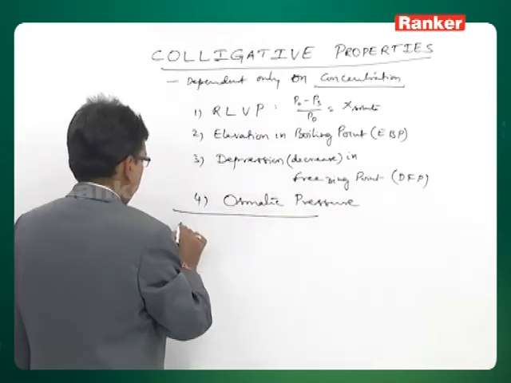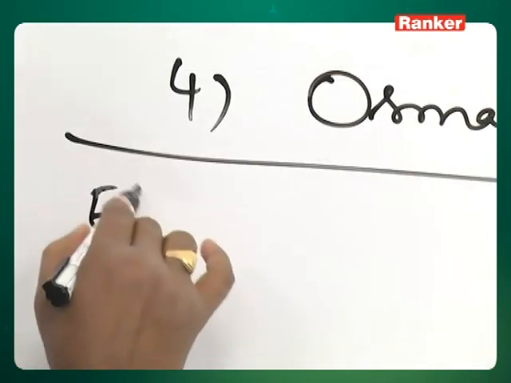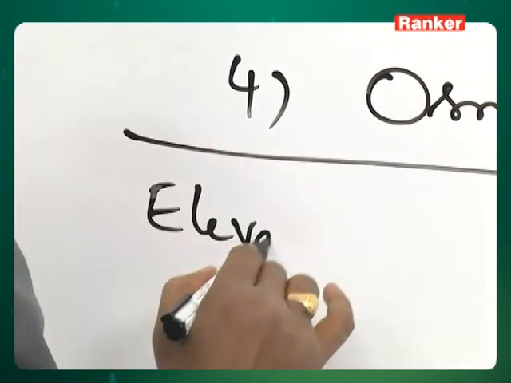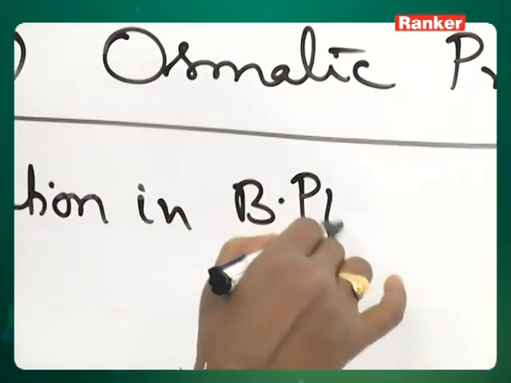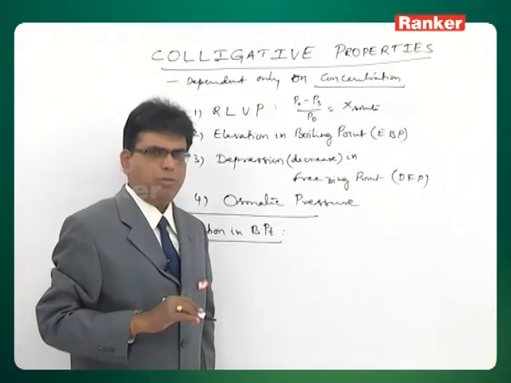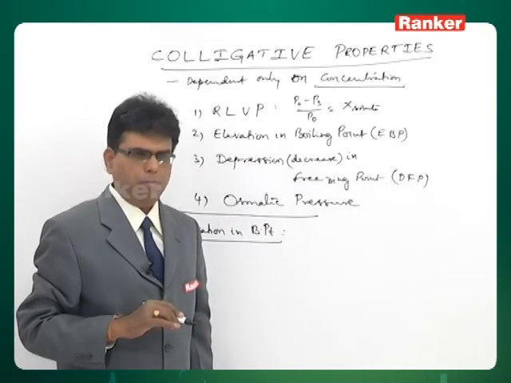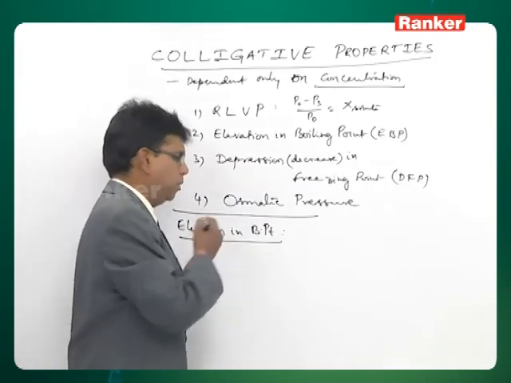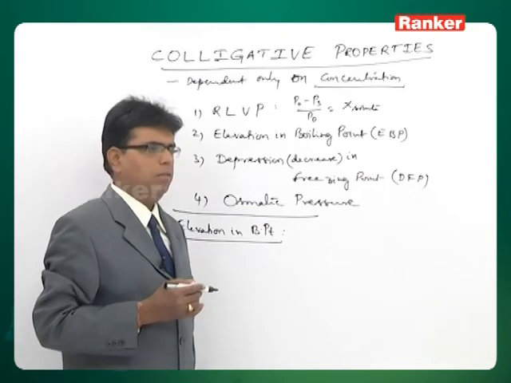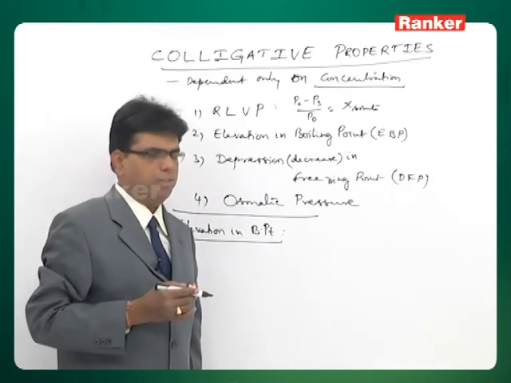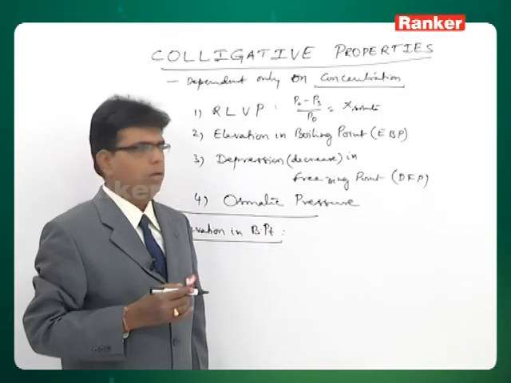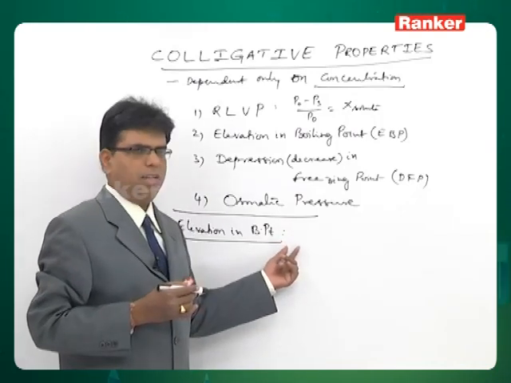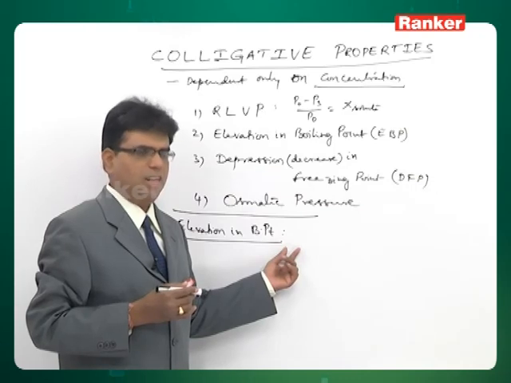What is boiling point first of all? Before going to elevation in boiling point, first I should tell you what is boiling point. You must be knowing that boiling point is nothing but the temperature at which liquid and vapor are in equilibrium, or the temperature exactly at which a liquid starts boiling.